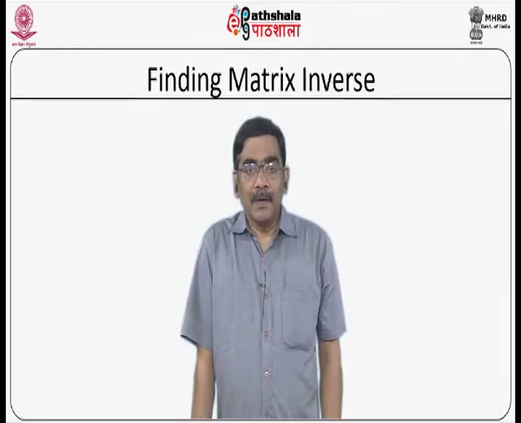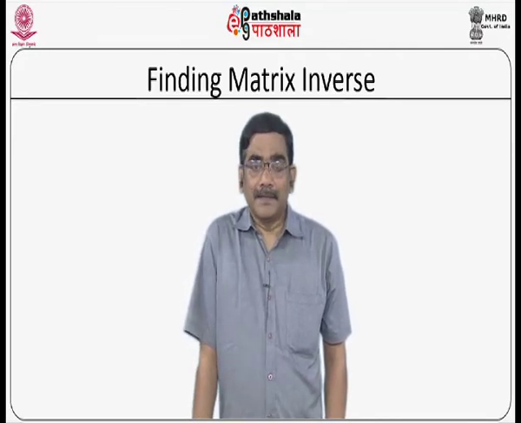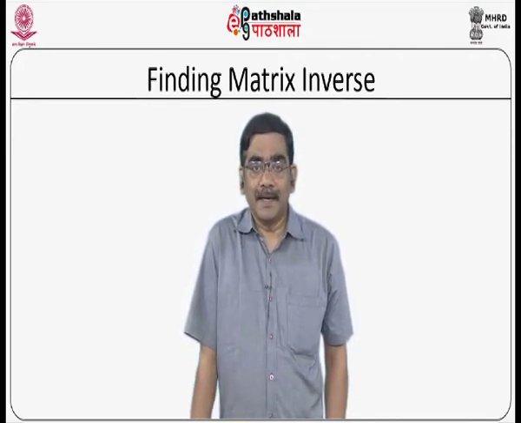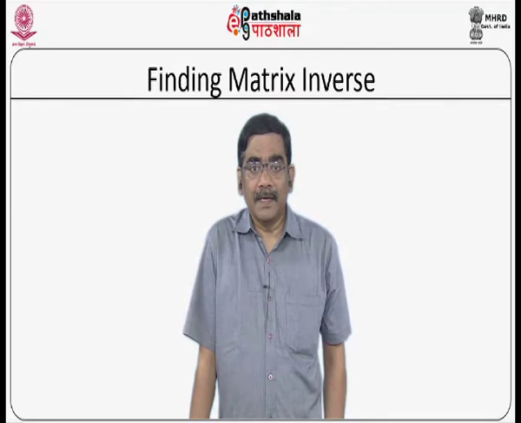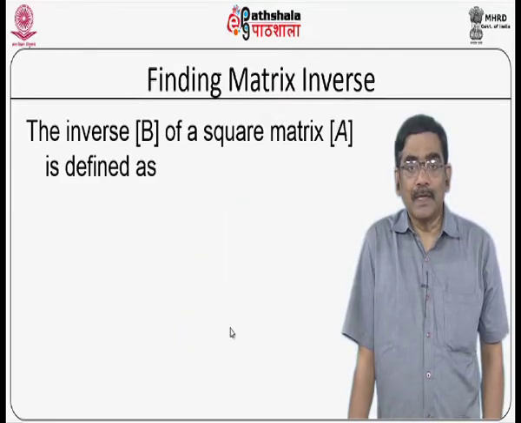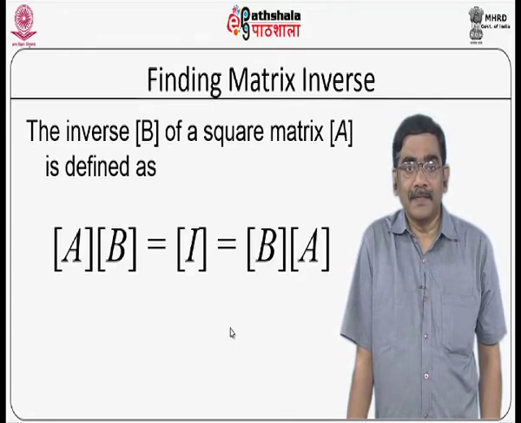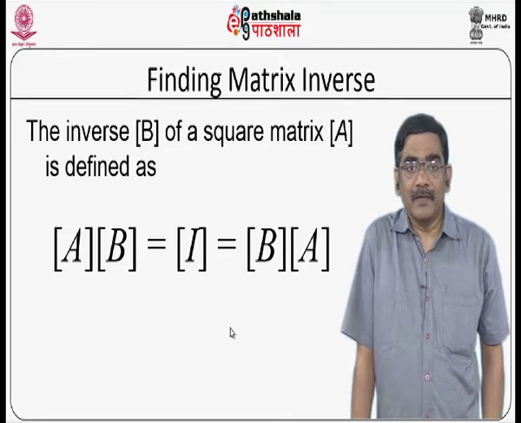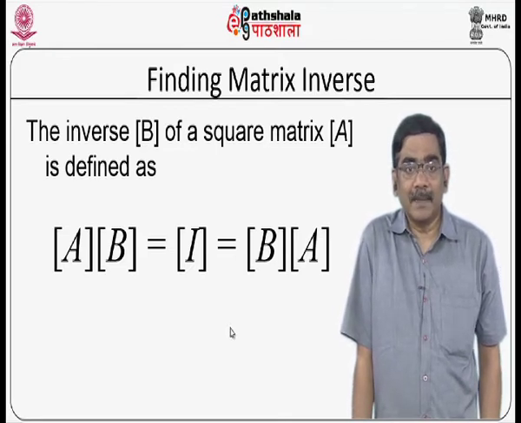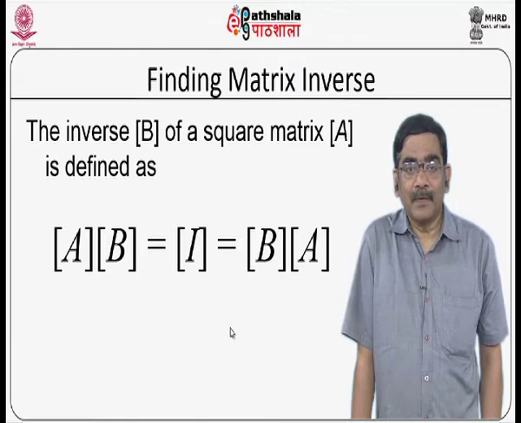Fine. Why should we do all these things? The reason is like this. As I said earlier, we are interested in finding the matrix inverse. So, the inverse matrix B of a square matrix is defined like this, where if I multiply the matrix A and B, I should get the identity matrix.